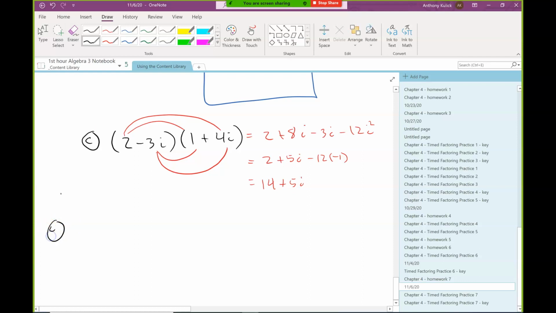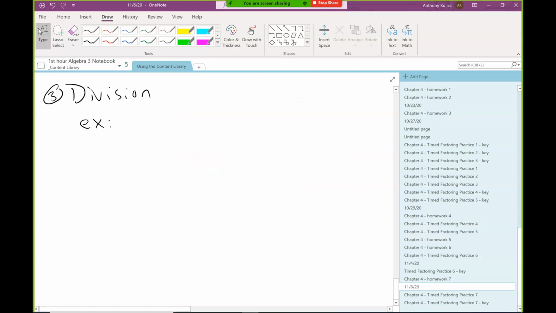Oops, I think we're at 3, not 4. Division. So let's start with this example that we did before.